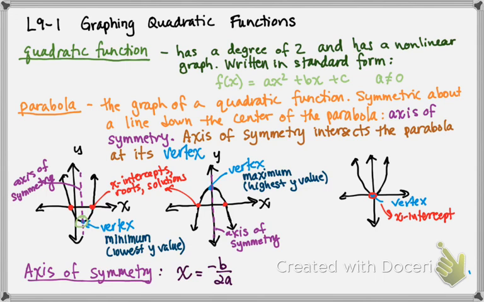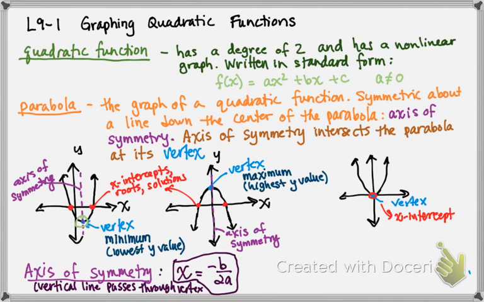It's a vertical line, and it passes through the vertex. Okay, so that is something you have to commit to memory, that axis of symmetry.